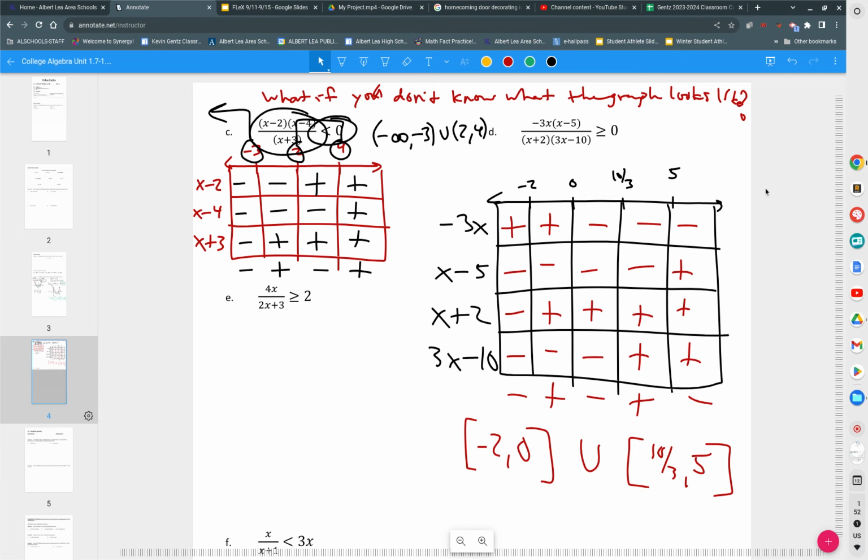Now, I want you to understand, is it okay to have 0 in a numerator? Can you have 0 divided by 5? You can. 0 divided by 5 is 0. Can you have 0 in the denominator? No, that is undefined, right?